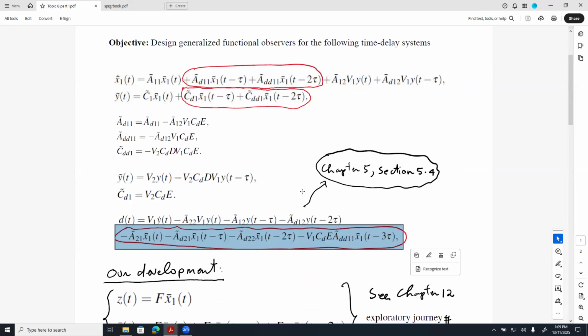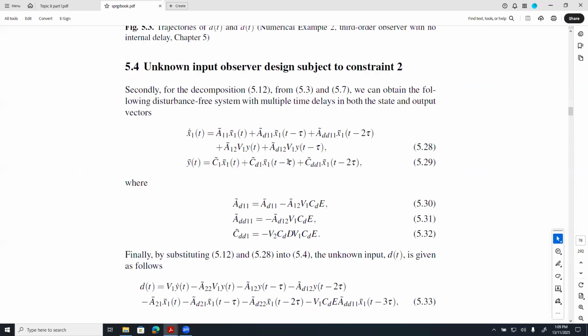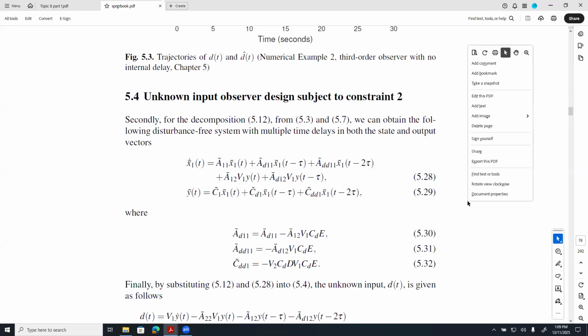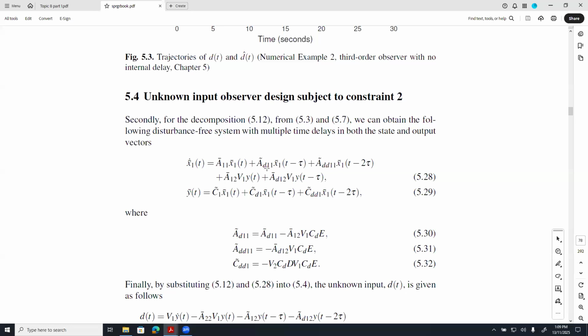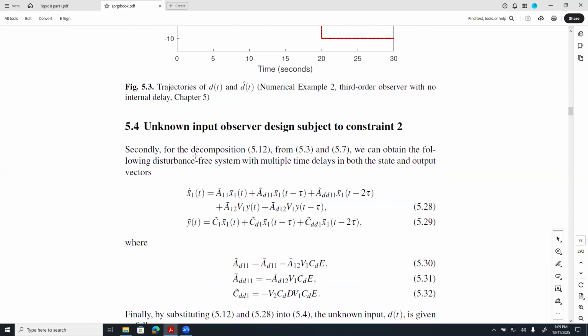If you can recall in our previous discussions, particularly in chapter 5, we looked at the estimation of an unknown input for a system with a time delay in the state and in the output measurement vector.